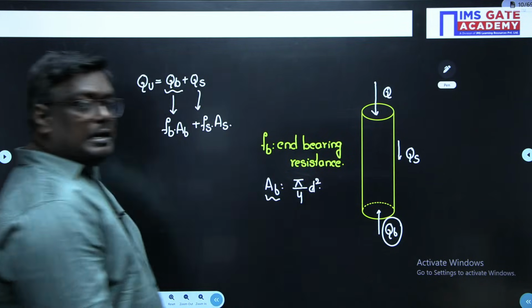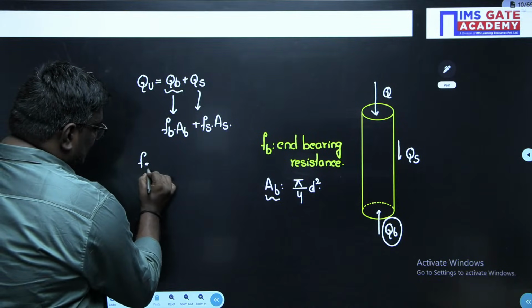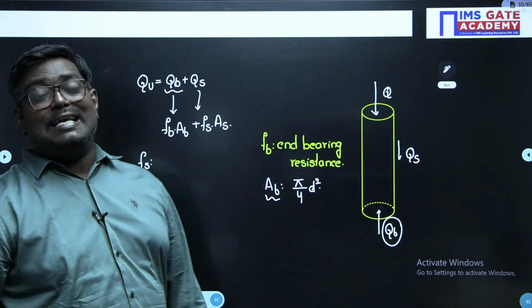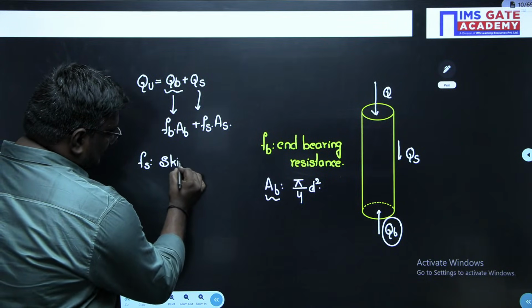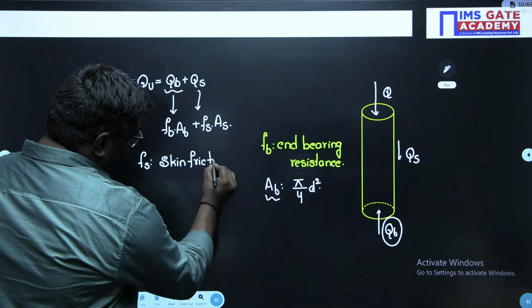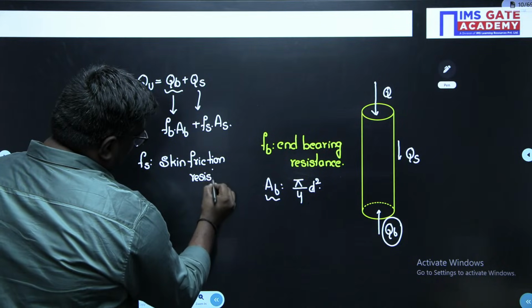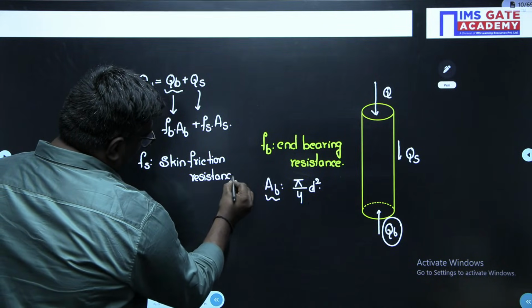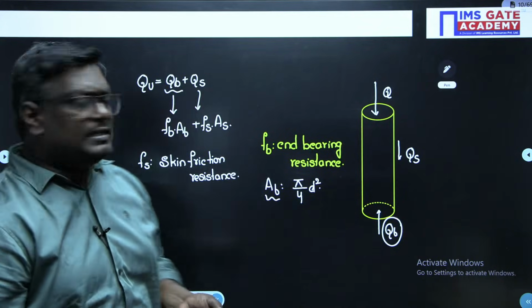Okay. Now my dear students, if I talk about Fs, this is skin friction resistance. Here As is called the surface area. What is As here?